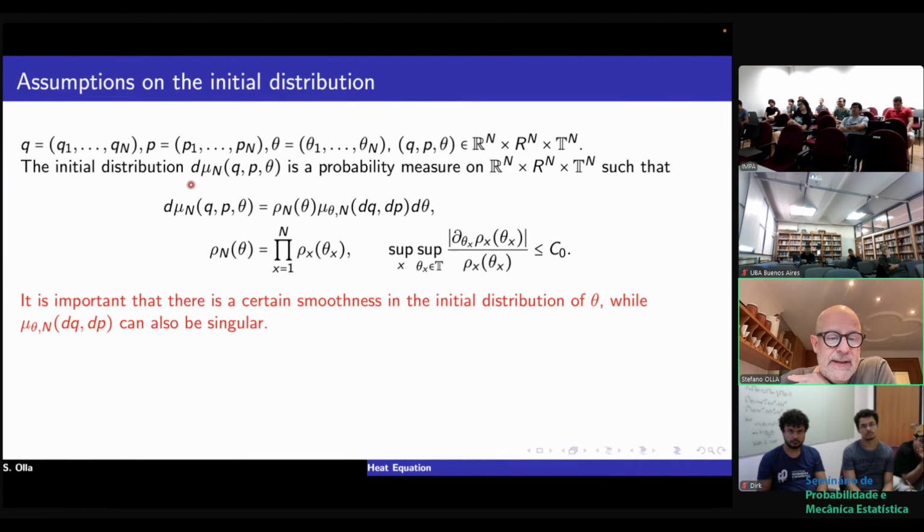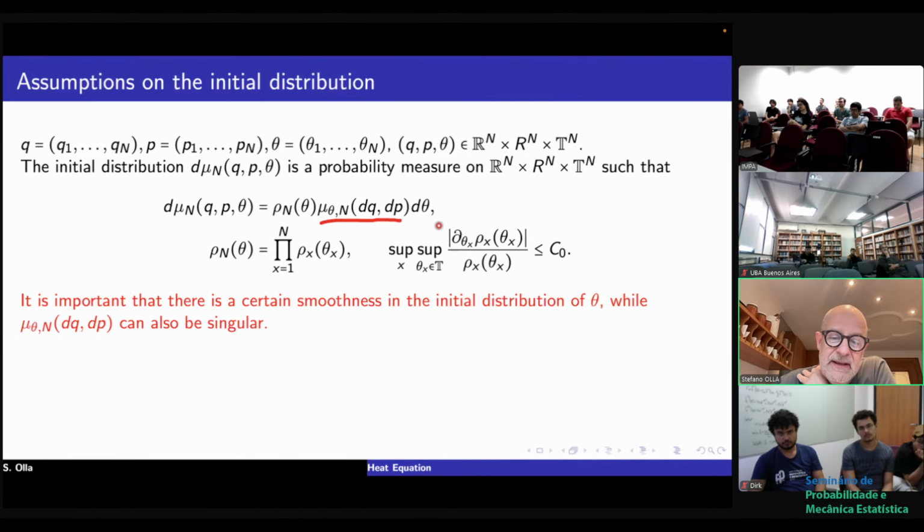So the initial distribution should be a probability measure on q, p, and theta, on R^n times R^n, it should be the same R^n, and the torus T^n, and for each angle there is a torus.